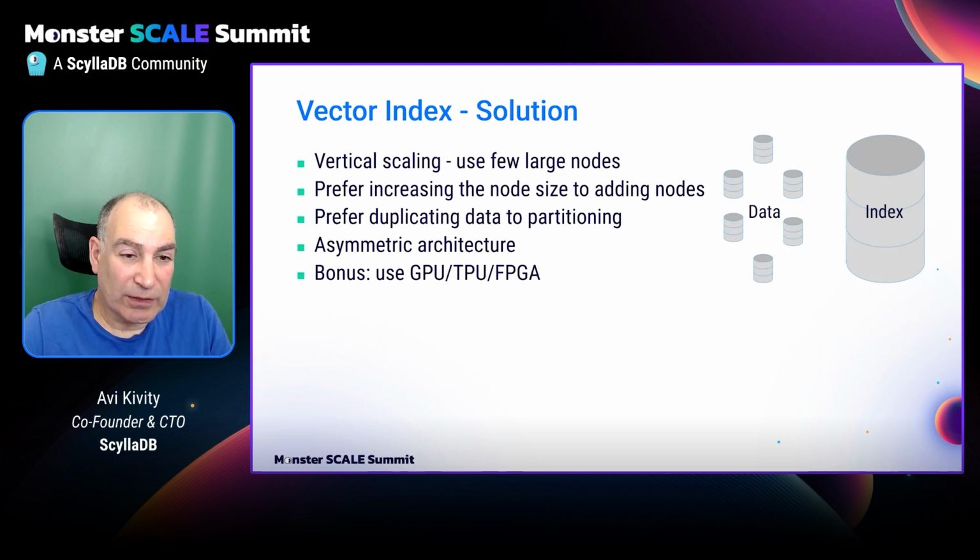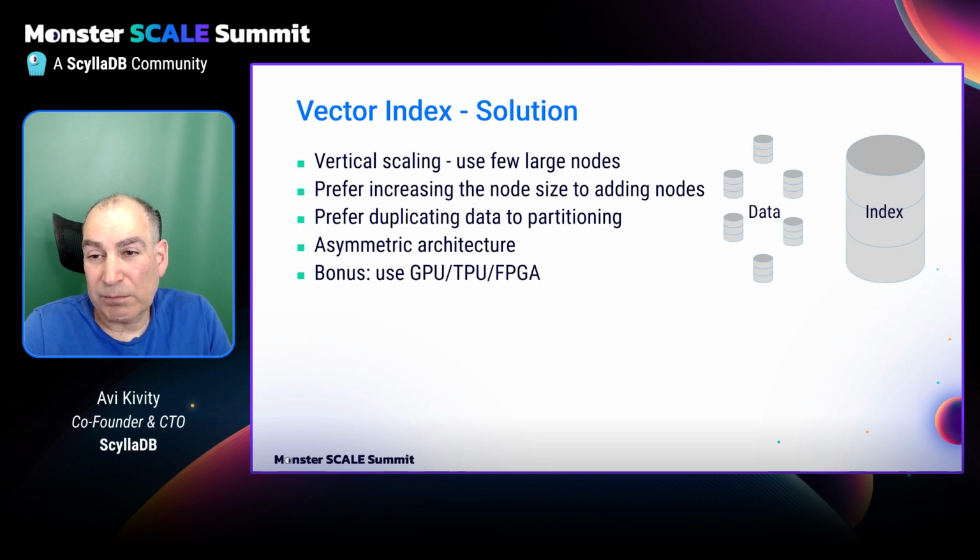The downside of this is that you have an asymmetric architecture, which means that scaling the data cluster and scaling the index cluster is done separately. So it increases the complexity, but increasing the complexity is a reasonable price to pay for this difficult problem in order to have a scalable solution.